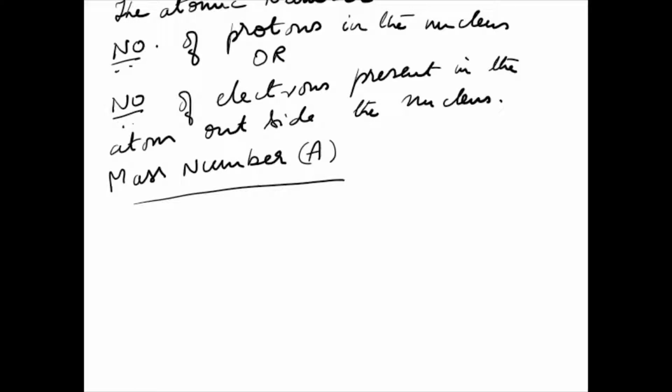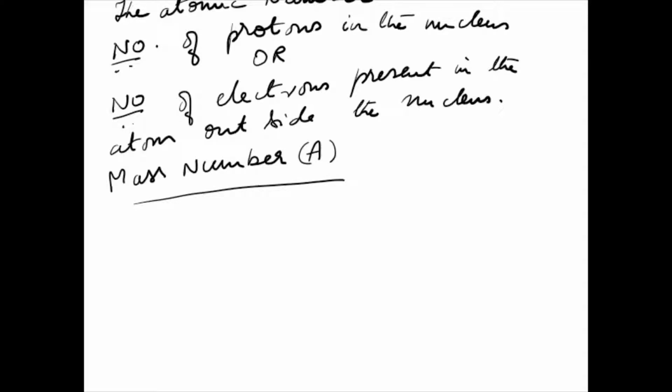Now what is mass number? The mass number of an atom is equal to the total number of nucleons, that is the total number of protons and neutrons present in the nucleus, right? They are together called nucleons, isn't it? Protons and neutrons are present in the nucleus of the atom, that is why they are together called nucleons.